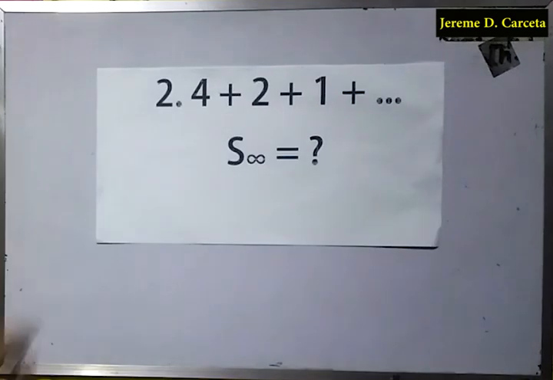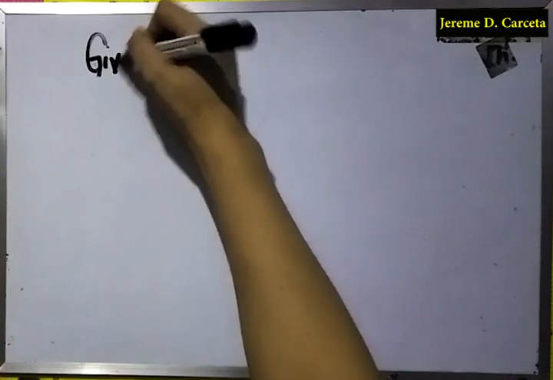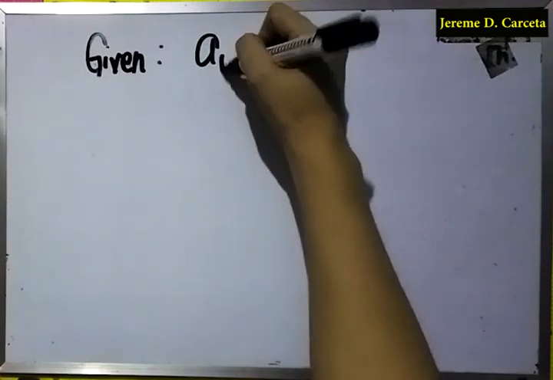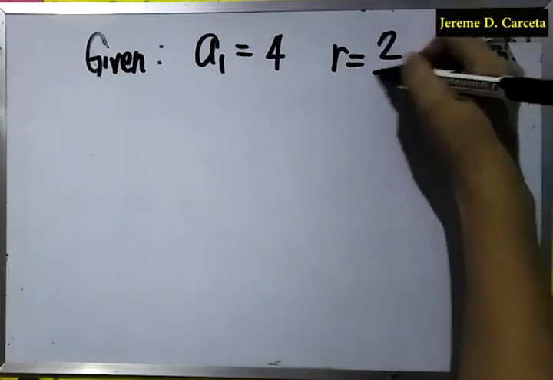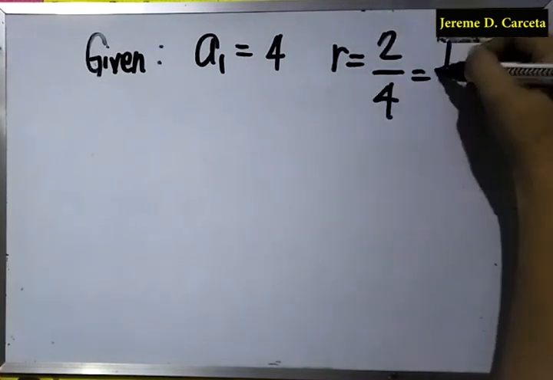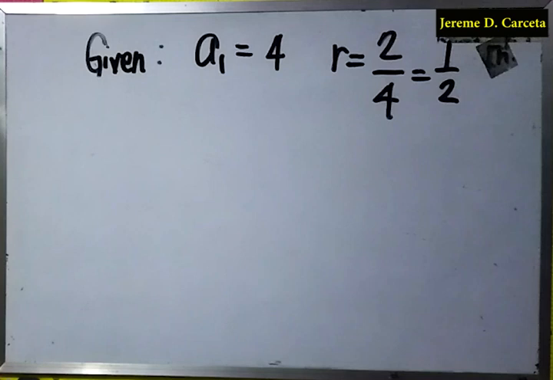So let us have an example. We have 4 plus 2 plus 1 plus, and so on. Let us find the infinite series. Our given, we have a sub 1 is equal to 4. Our r will be 2 over 4, which is equal to 1/2.